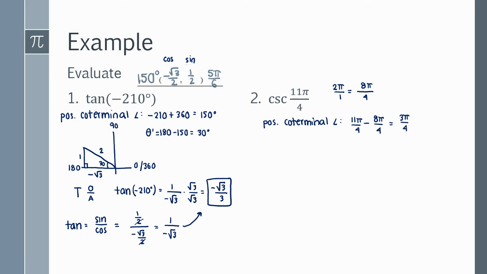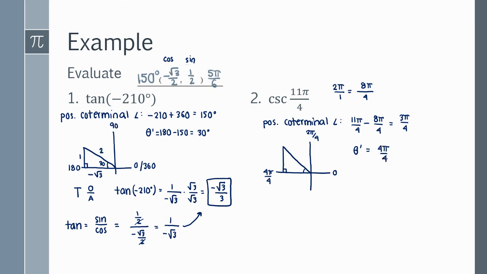So once again, if I wanted to sketch a picture like we've done in the past, we'd have 0, we'd have 4 pi over 4. This would be 2 pi over 4 up here at the top. So notice that 3 pi over 4 is going to fall here in the second quadrant in the middle. That little reference angle here is closer to 4 pi over 4 than it is to the 8 pi over 4.